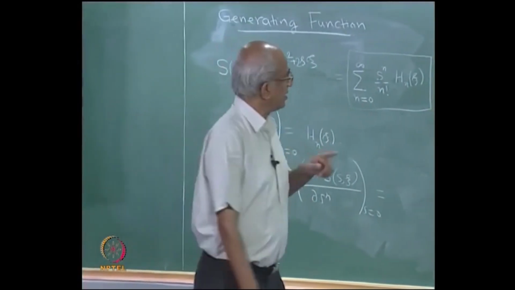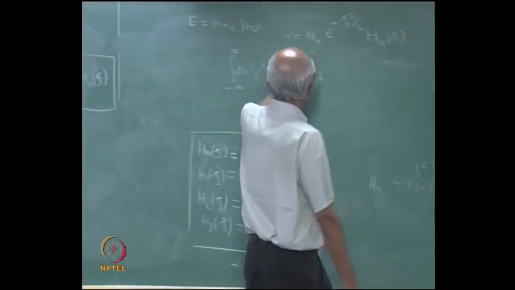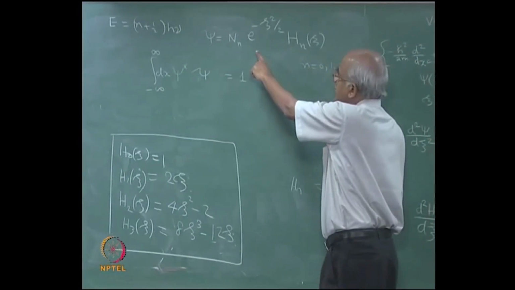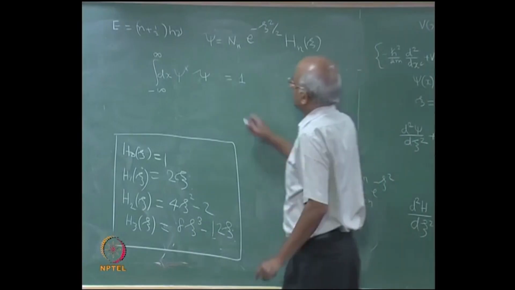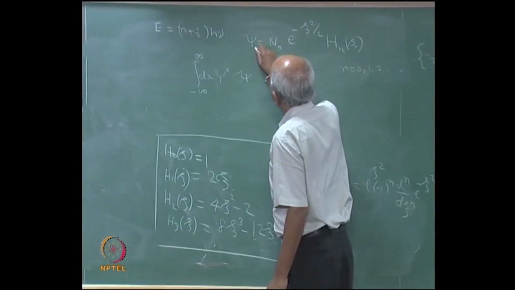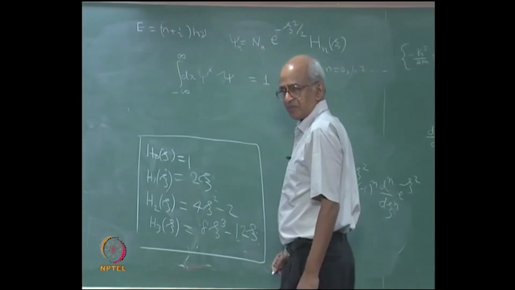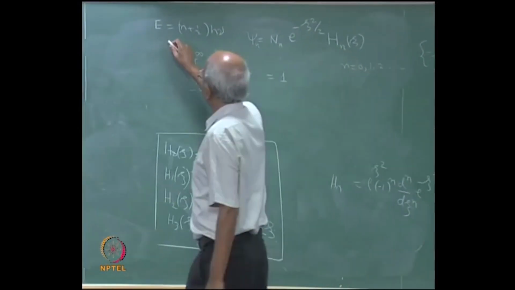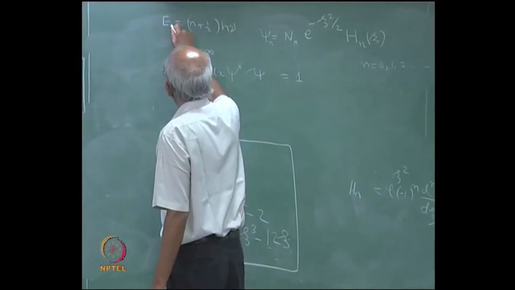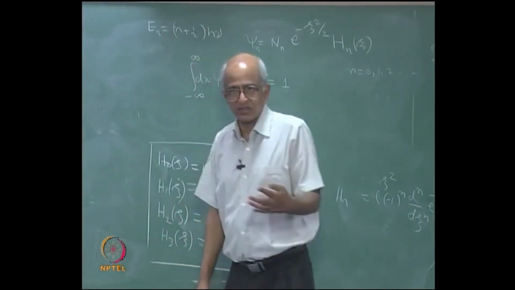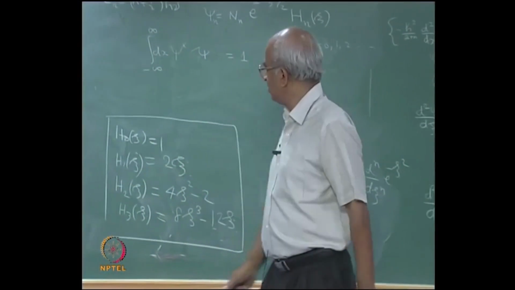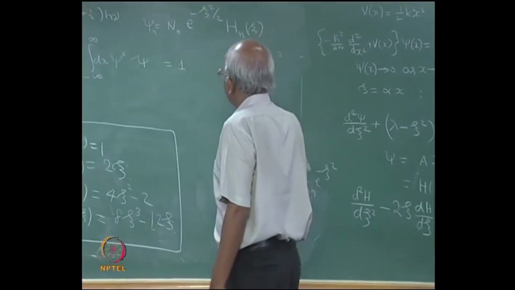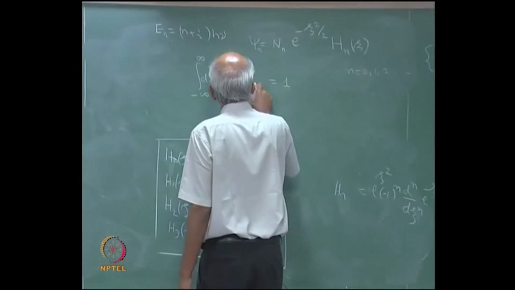Now, to be very clear regarding the nature of this psi, you see this is the wave function for the nth state, that is indicated by the subscript n. So, it is better that I put a subscript n there also. And not only that, as far as my allowed energy levels are concerned, it is best if I put a subscript n to indicate that this depends upon the quantum number n. So, I am going to have an n here as well as there.